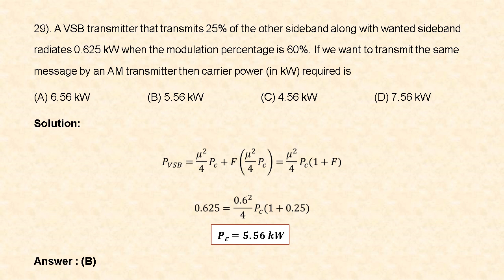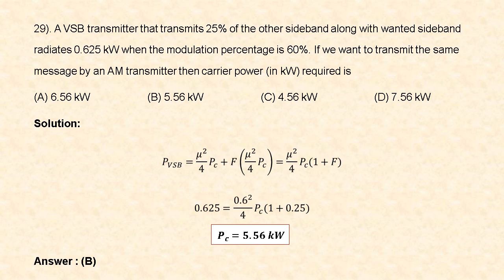Here if you see, the vestigial sideband power is related to carrier power as PVSB is equal to mu square by 4 into PC plus F into mu square by 4 into PC. Here mu is the modulation index and F is the fraction of power transmitted.